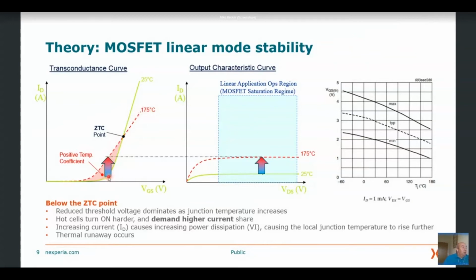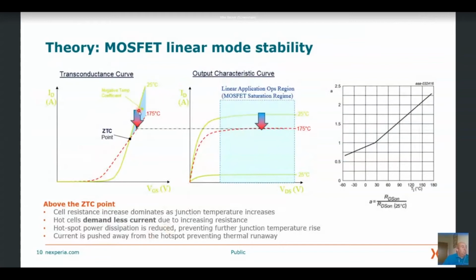So as you go from cold to hot, you get an increase in the drain current. Either the MOSFET itself will take more current, or, when you consider the cells inside the MOSFET, as they get hot, they will increase the current. And that's what causes the MOSFET to turn harder on as the temperature increases.